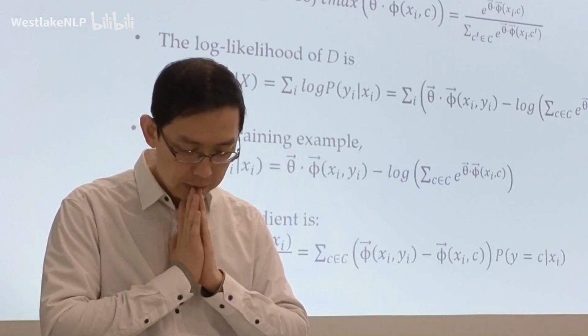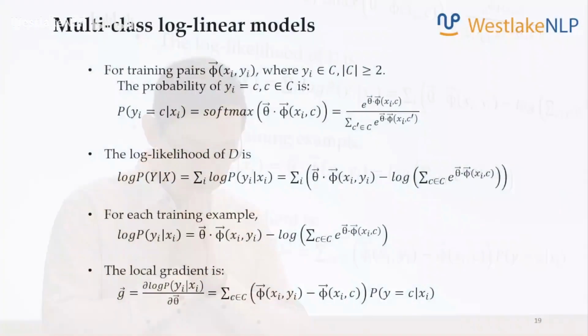So, when you have a set of training data, you still can have a log likelihood function, right? To save time, I don't derive this on the whiteboard. But if you're interested, you can derive it yourself according to what we have for the binary case.